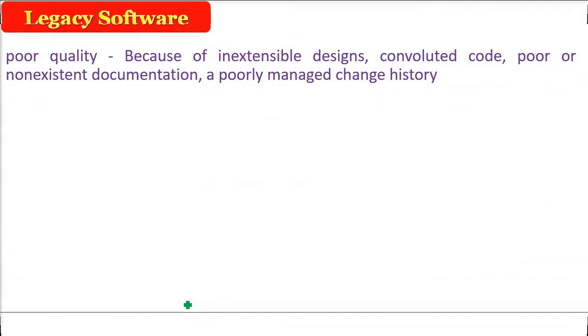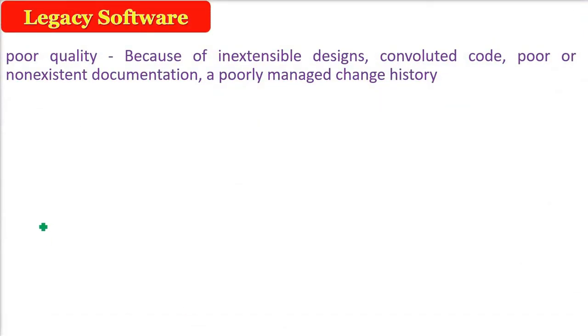But here comes the quality. If you have a car which is quite old, you will have problems. We are talking about quality here. Why are legacy softwares considered to have poor quality? Why is it not working the way it is today? It was very good when it was being made.